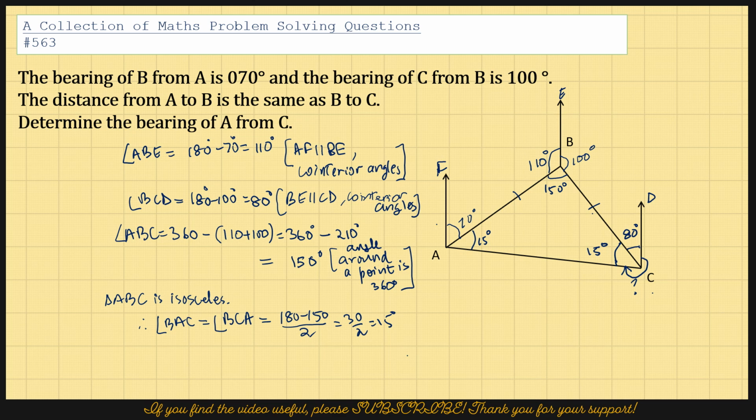So now we can easily find out what angle DCA, the reflex angle DCA, is. So we can find therefore angle DCA, which is the reflex angle, would be 360 degrees minus 80 plus 15.